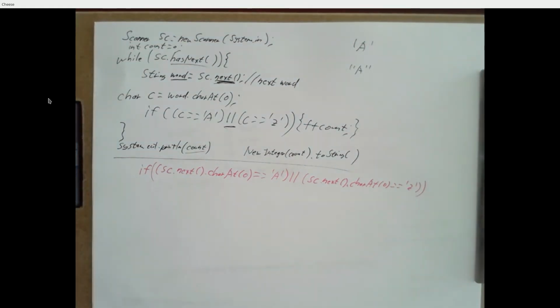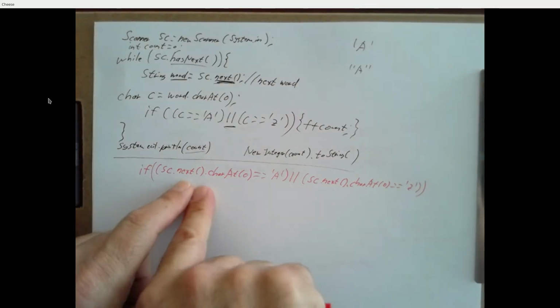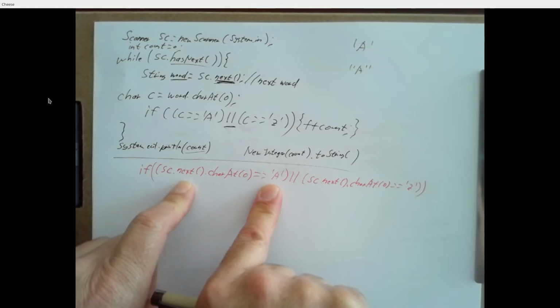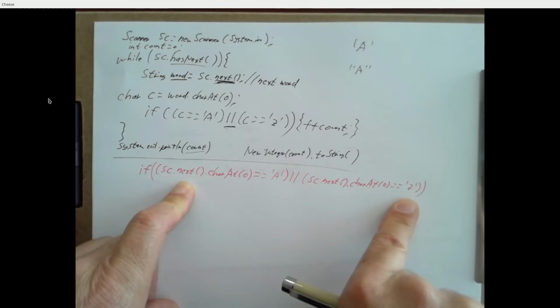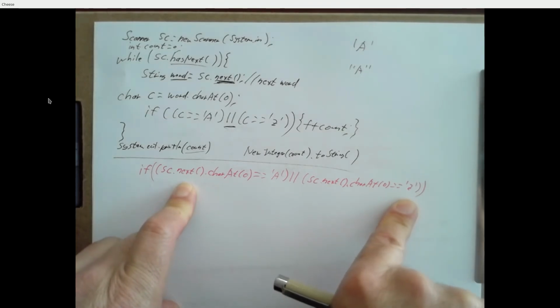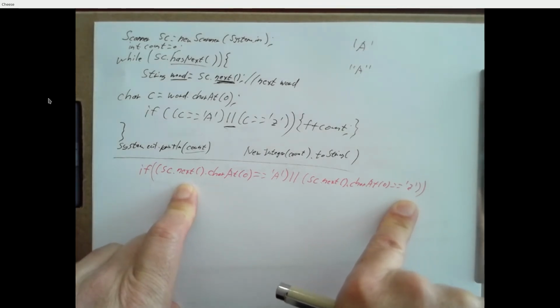And I saw an if statement like that. So what's possibly going to go wrong with this? It's going to read in 2 words. It's going to read the first word, and if it doesn't begin with an uppercase A, it's going to read in the second word and see if that begins with a lowercase z. And that's really not what you want it to do.